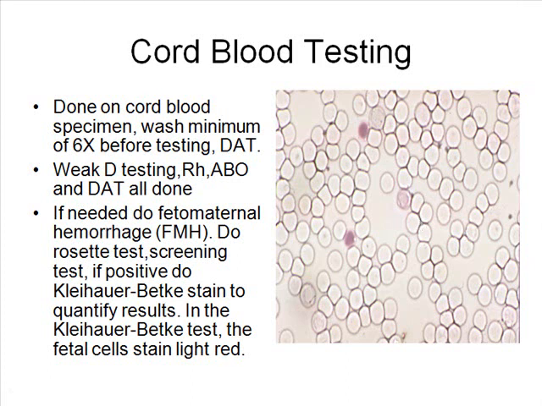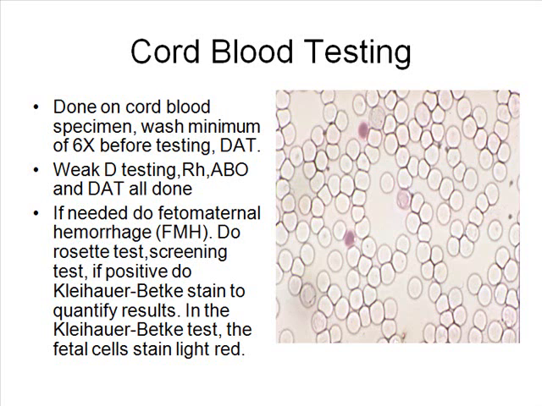Then you want to count them per 1,000. So you want to count all the cells, count how many fetal cells you see in 1,000, which will give you a percent. Okay? Then you're going to take that percent and multiply it by 50, which will give you the number of mLs of fetal blood.